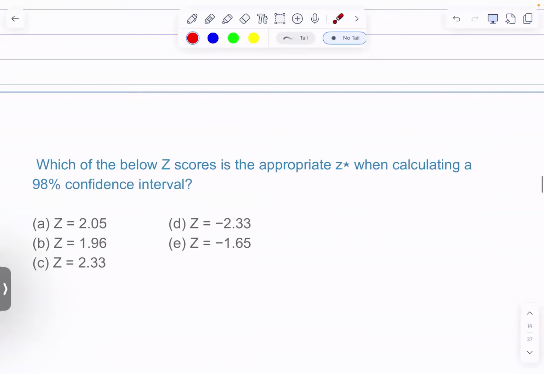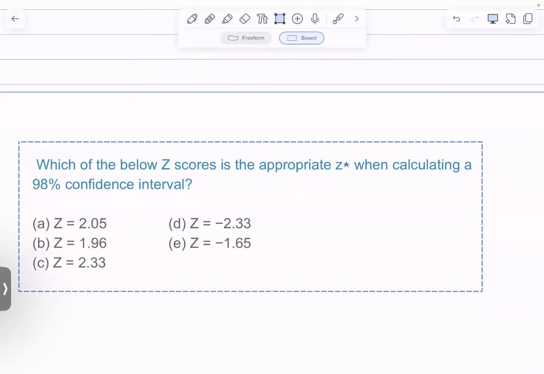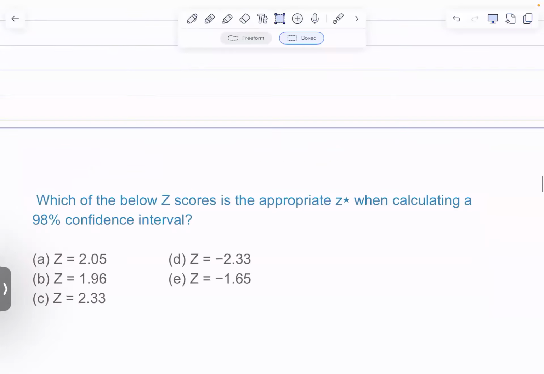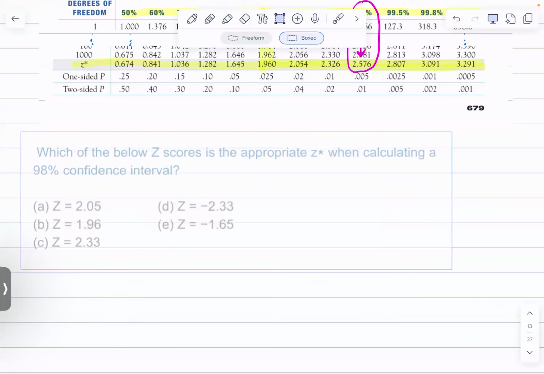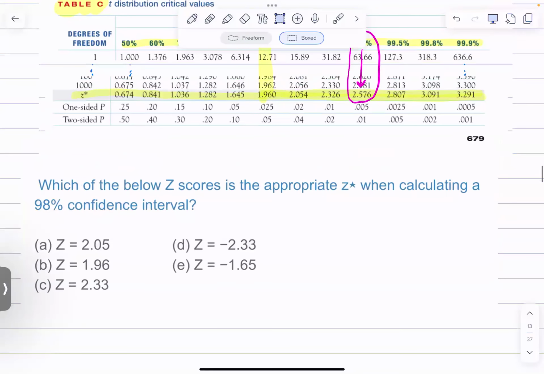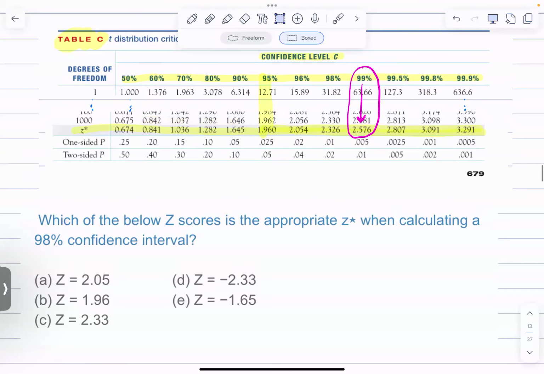Now, here, she's only got 2 decimal places, but that's okay. Which of the below Z scores is the appropriate Z star when calculating a 98% confidence interval?